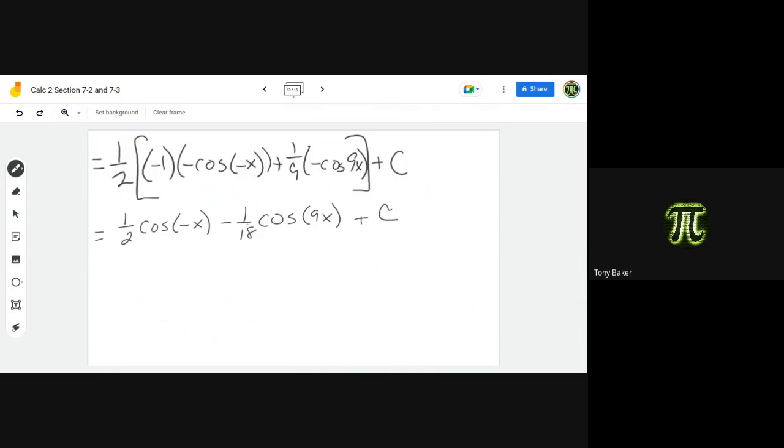Cosine is even, so I could get rid of the negative sign. It'd be just cosine of x, and you'd get the exact same graph because it's symmetrical. So it doesn't match mine, but it's not wrong. There are a lot of identities and rules in trigonometry that you can use to clean up problems, and it might not look the same as my answer at the end. That's why I just type both answers in the graph, and if they match, you're good.